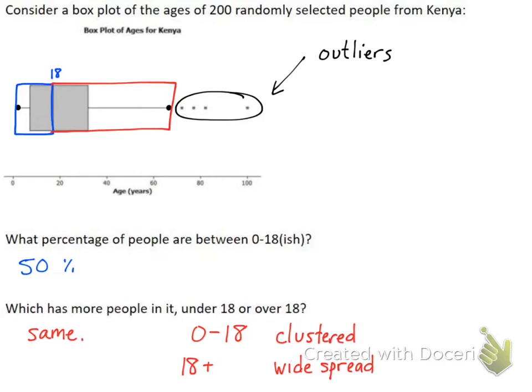That's something we have to know: the length of the box and the whiskers doesn't mean there are more people in there. It just means that the data is more widespread. So this would probably be one that has a tail to the right, and so this one would be right skewed.